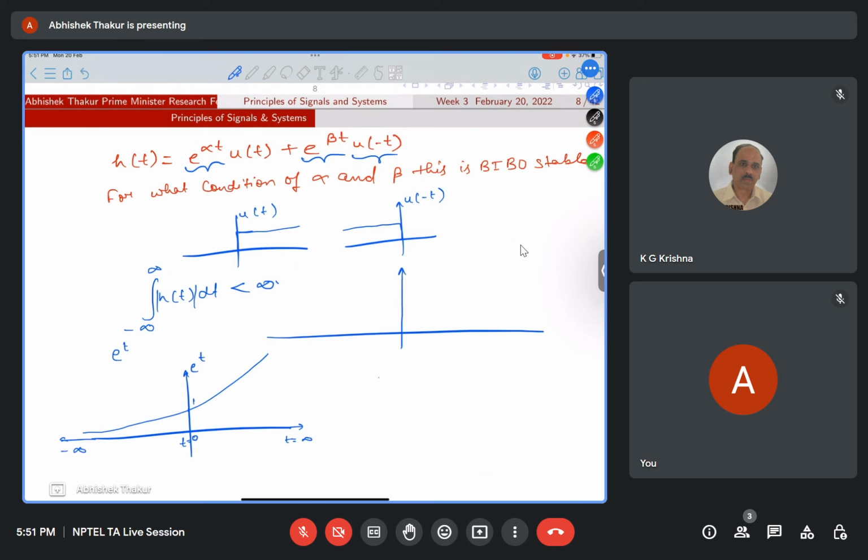So for that, we know that the e to the power minus t curve is like this. Our e to the power alpha t should be converging here, because when t is greater than 0, the e to the power alpha t term will come. When t is less than 0, the e to the power beta t term will come. If both converge, then only this system is stable.